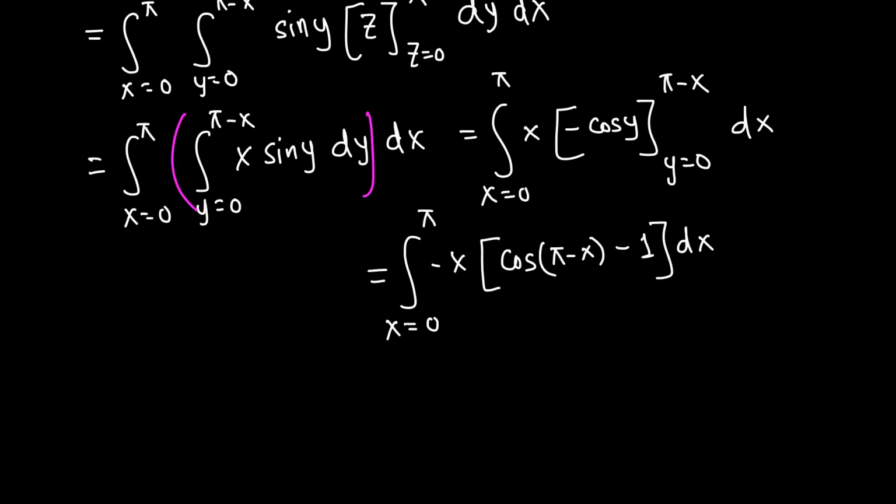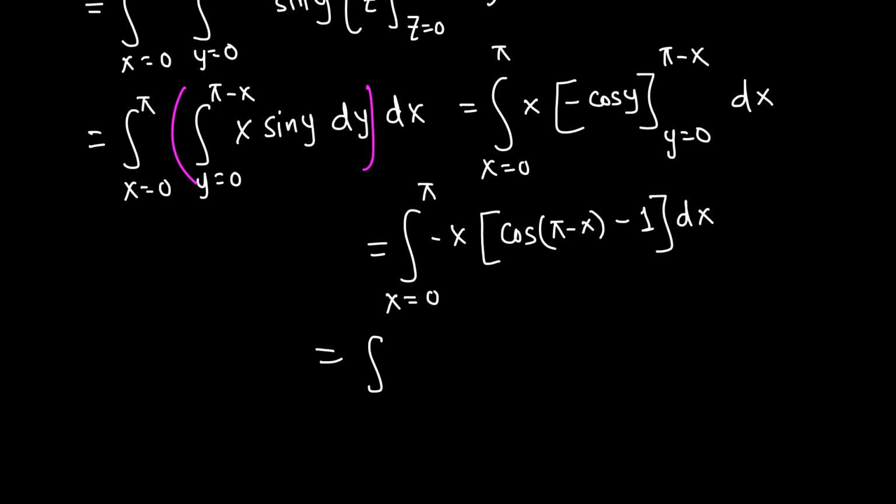Okay, now let me simplify. X from 0 to pi, if we distribute this, this is negative x times cosine of pi minus x. Interesting here, you don't have to write the formula, but cosine of pi minus x simplifies. Cosine of pi minus x is negative cosine x. Why?